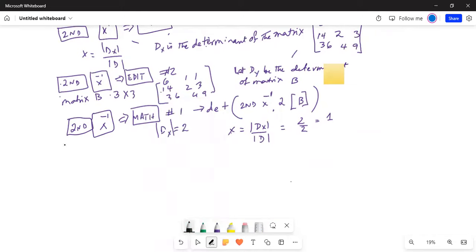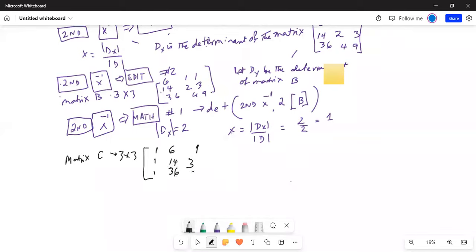Okay. So matrix C is again a 3 by 3, and it will be 1, then 6, then 1, then 1, 14, and 3, and 1, 36.